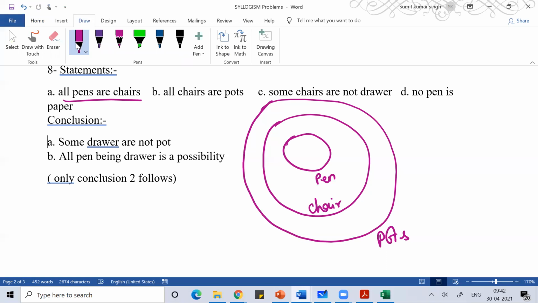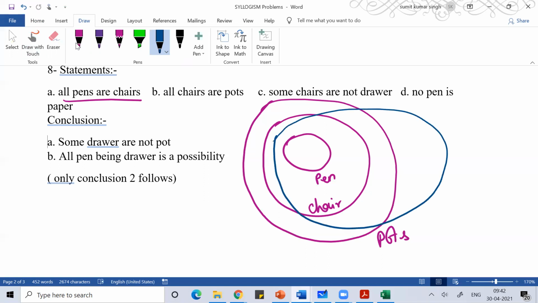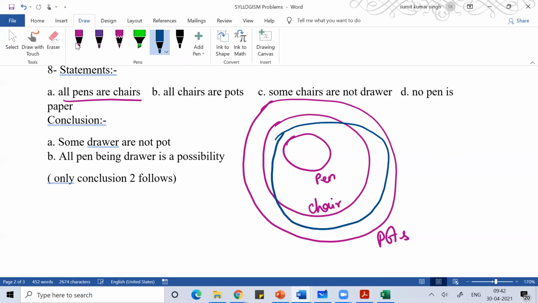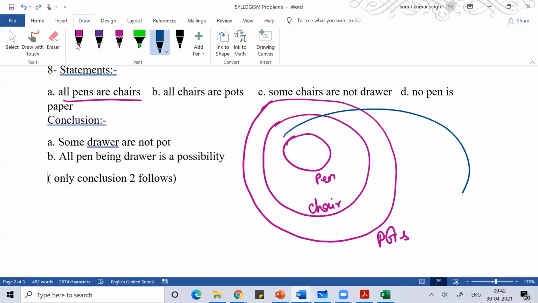Then the next thing is: some chair are not drawer. Some chairs are not drawer means that the statement "all chairs are drawer" is not true. Your chair can be like this, or like this. Sorry, not chair, drawer: your drawer can be like this, or like this, or like this.